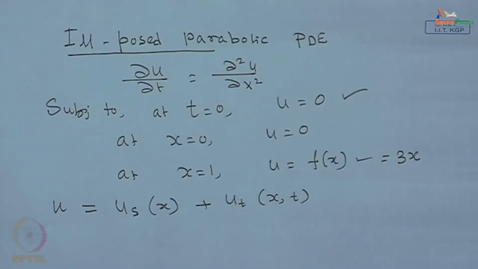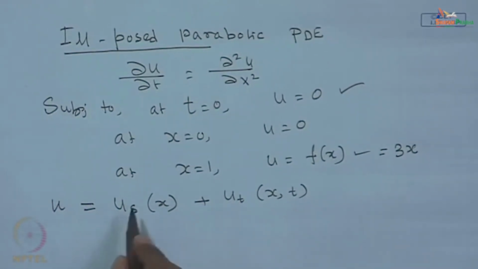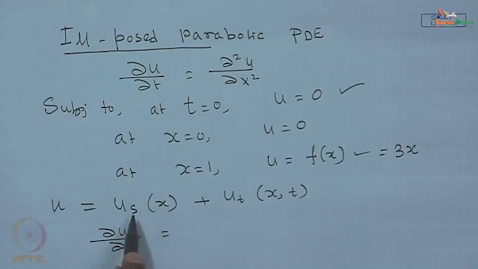Now, next what do we do? We formulate the governing equations of u s and u t and set the appropriate initial and boundary conditions. For that, we substitute this in the mother problem, that is del u del t is equal to del square u del x square. If you put u is equal to u s plus u t, you will be getting del u t del t. There will be no u s because u s is a sole function of space.